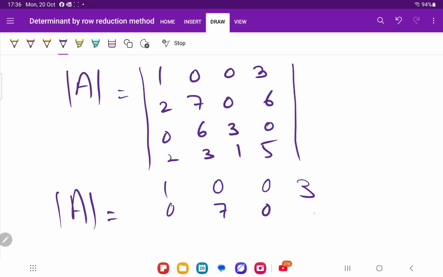Minus 6 plus 6, answer is 0. 0, 6, 3, 0 will remain the same. Minus 2 plus 2, answer is 0. 3 will remain 3, 1 will remain 1, and minus 6 and plus 5 is minus 1.